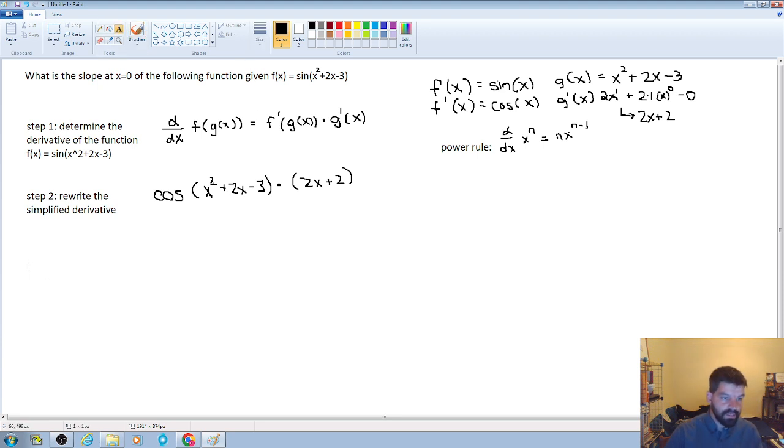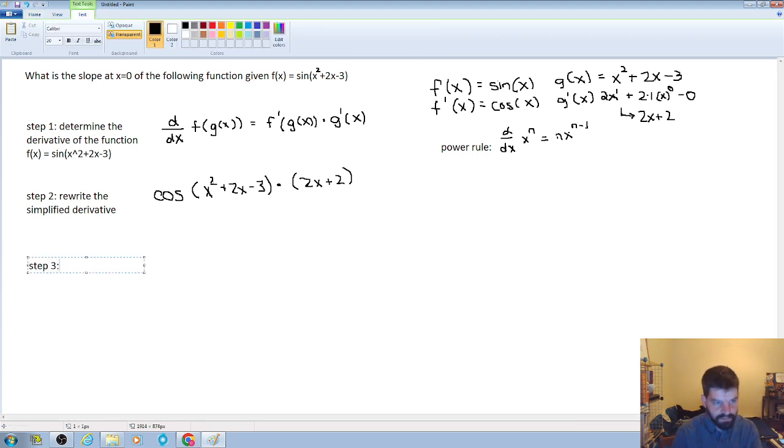So step number 3 is to evaluate the derivative for 0 to determine this.